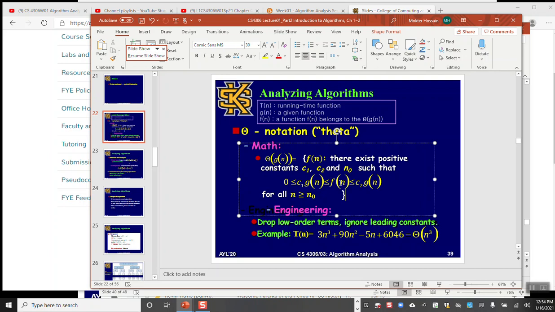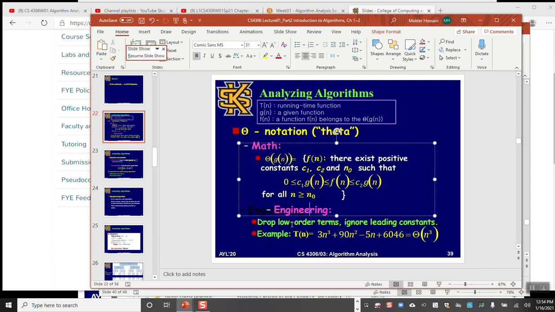That means this algorithm will have a boundary. So this is the lower bound, and this is the upper bound. And this holds for all n greater than n0, that means after a certain n value, maybe 30, 40, 300, something like this.